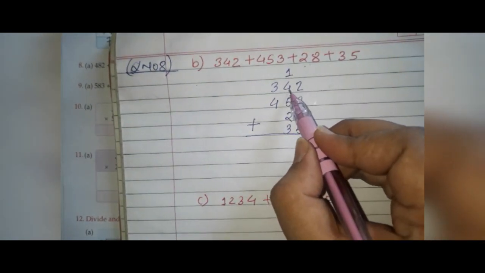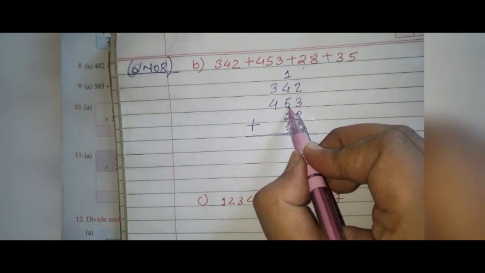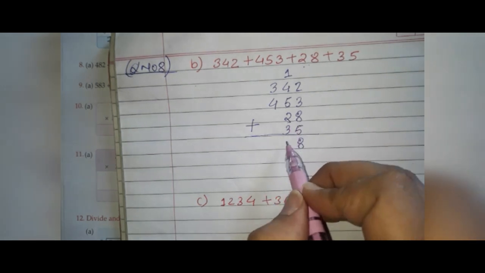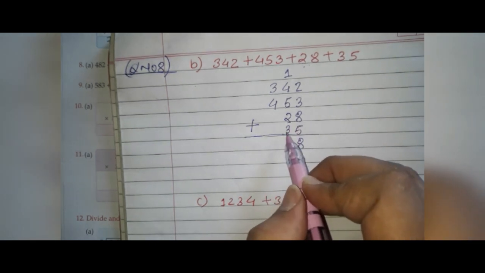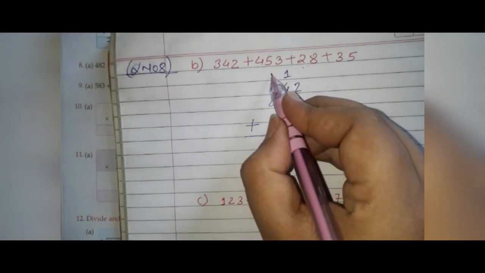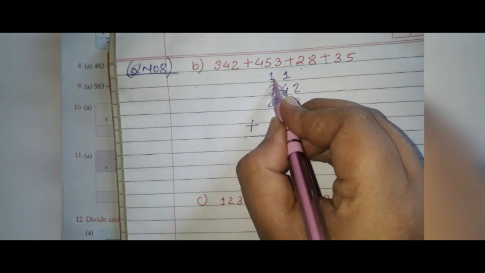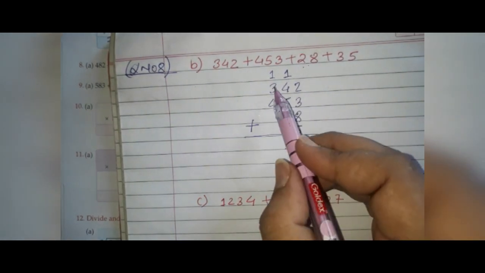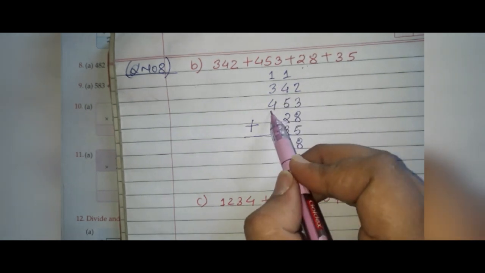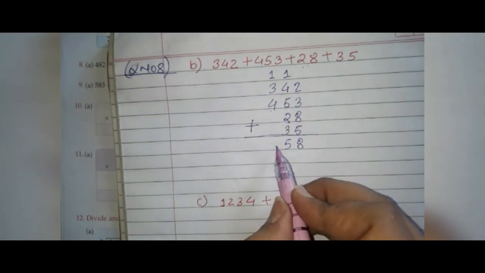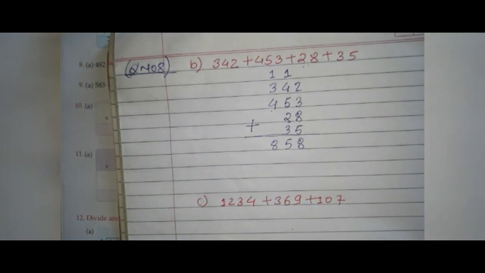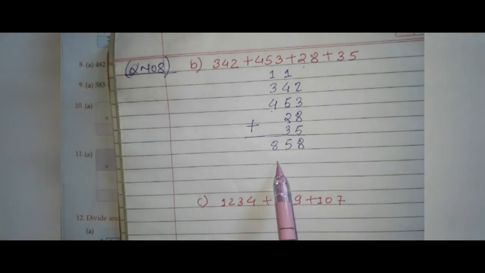Now we'll add 4 plus 5 is 9. 9 plus 2 is 11. 11 plus 3 is 14 plus 1, 15. 5 I will write here and 1 will go on the carry over. 3 plus 4 is 7 plus 1, 8. So the answer for these numbers is, after adding, 858.